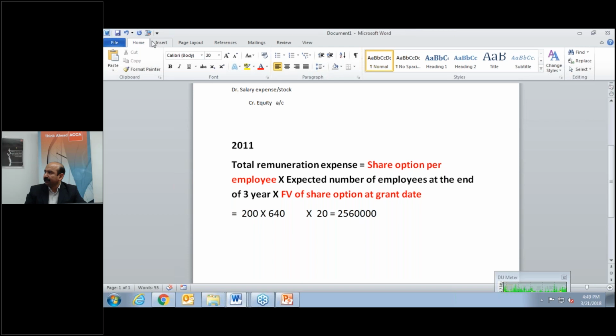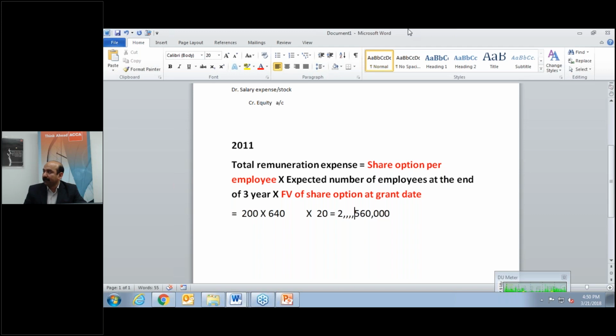Now, this figure is a cumulative figure, and this amount will vest over a period of 3 years. At the end of the first year, we shall be recognizing only 1/3 of this amount.